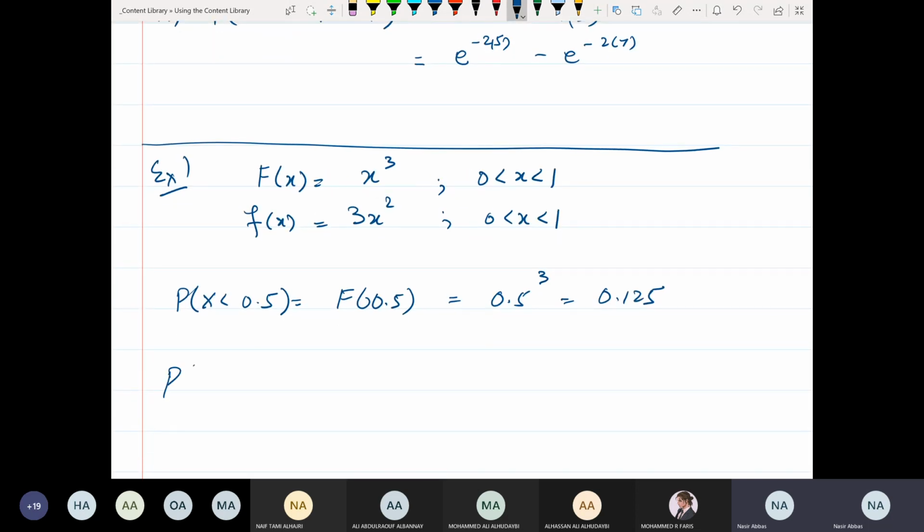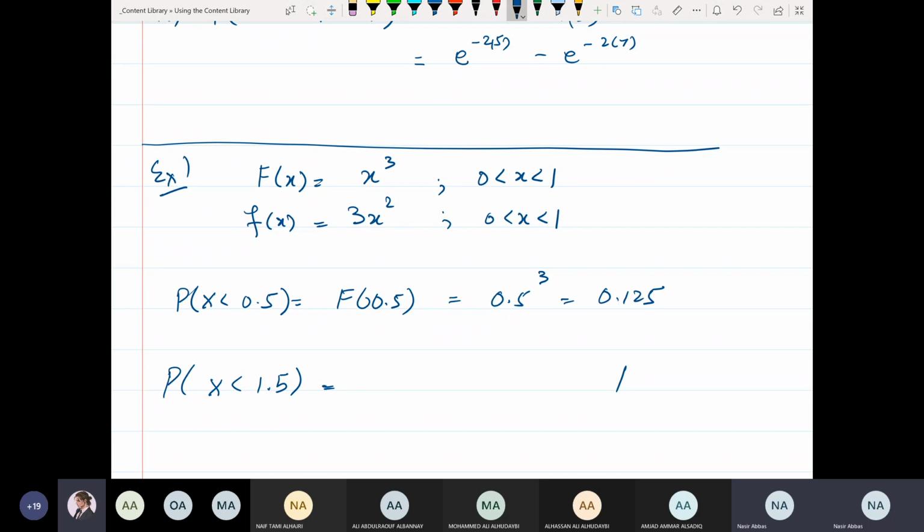What if I ask you to find the probability of x less than 1.5? Who can tell me? Amjad said 1. Muhammad Faris, is it true?